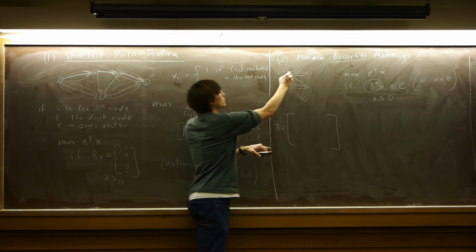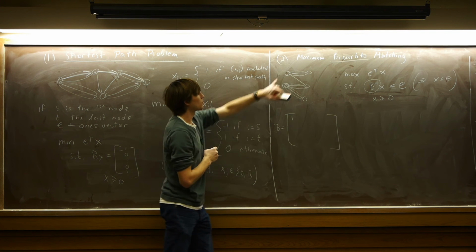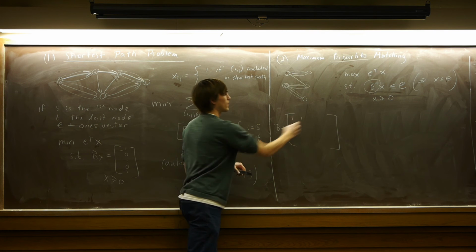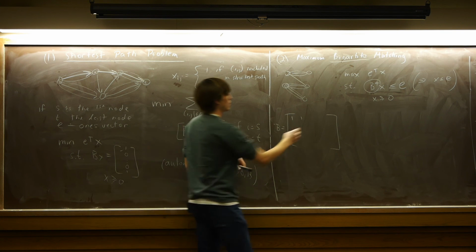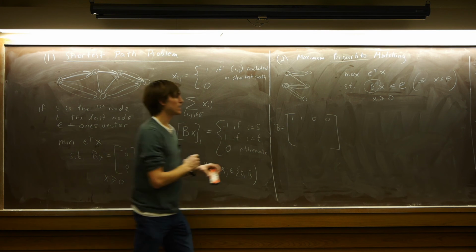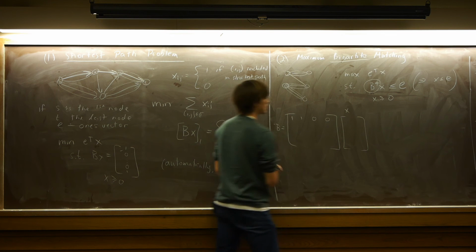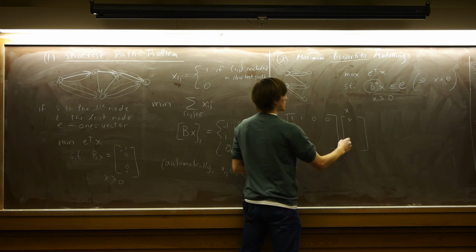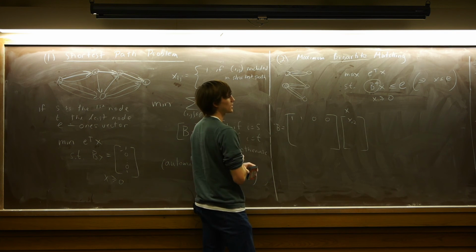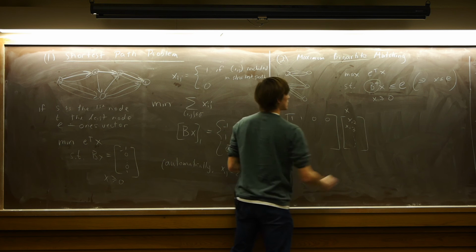Let's say this is node 1 right here, and it's got a 1 right here because of edge 1. It's got a 1 right there because of edge 2. And it's got 0s. It doesn't touch any other edges. And now I'm going to multiply this thing by some vector x. This is x corresponding to the edge from 1 to 2, x corresponding to the edge from 1 to 3, and then some other things here.